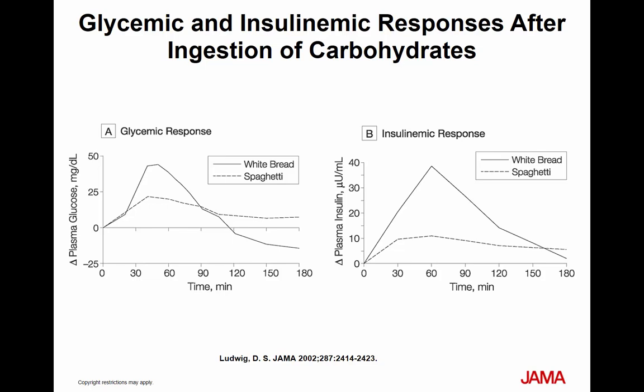So if you look here at the glycemic response, you see the white bread has a bigger response, a bigger increase in the blood glucose level, and also a big increase in insulin level during the 2-hour period compared to spaghetti, which is related to their GI. White bread is considered a high GI food, and spaghetti is kind of a medium GI.